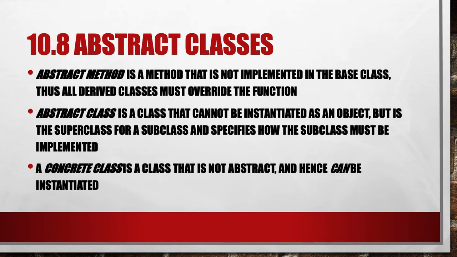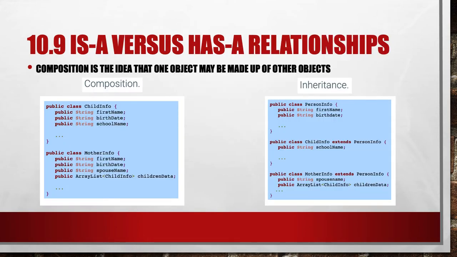Let's take a look at 10.9. Hopefully you get a clearer picture. This is the is-a versus has-a relationship. The concept of inheritance is commonly confused with the idea of composition. Composition is the idea that one object may be made up of other objects. In this example on the left we have child info and mother info.